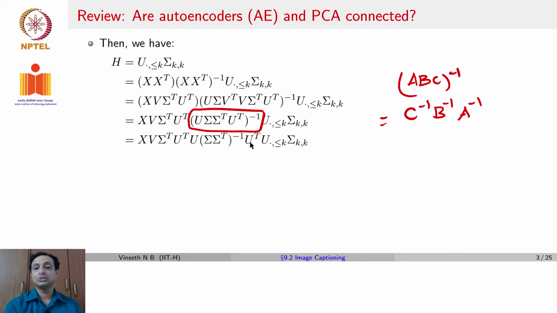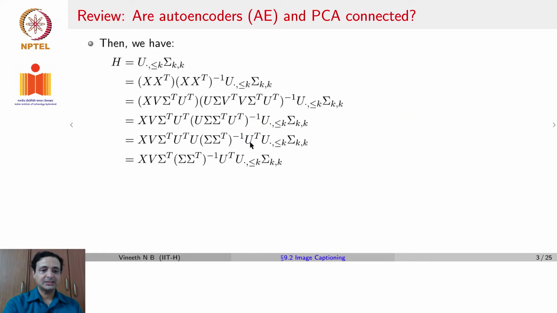Now U transpose inverse will be U itself, sigma transpose inverse stays that way, and U inverse is U transpose. Once again, you can interchange inverse and transpose because U is an orthogonal matrix when you do SVD decomposition.